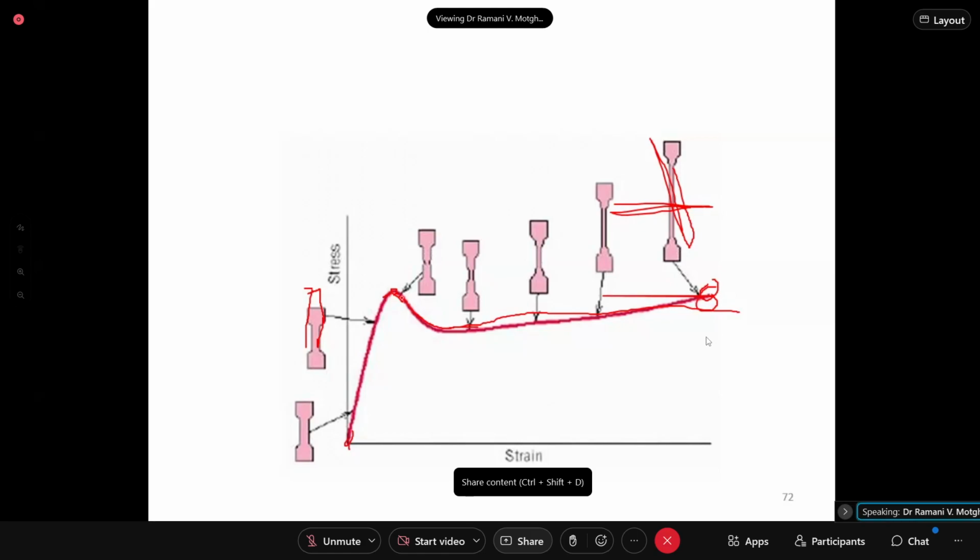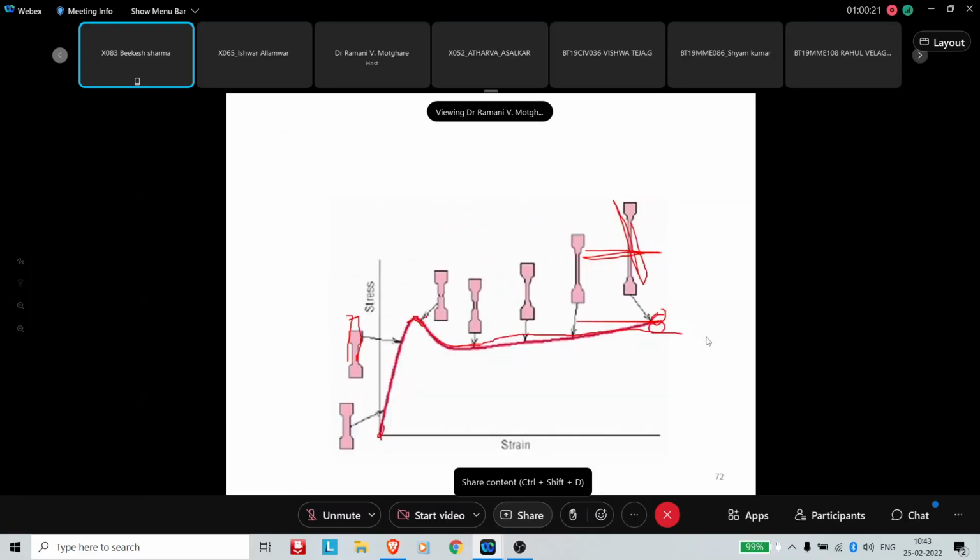Then after a lot of time, it will break, ma'am. If you pull it from the middle, if we make it more thicker, ma'am, from the middle.